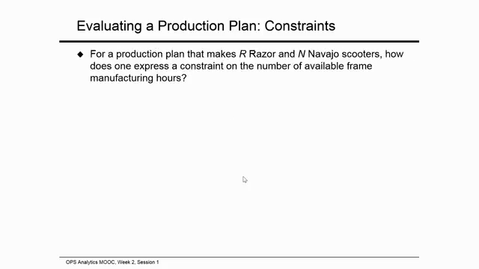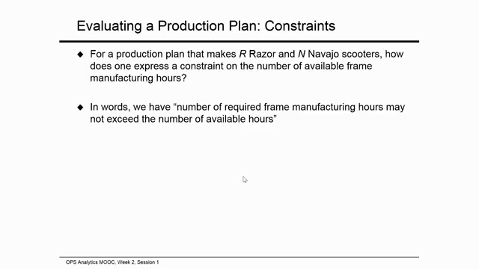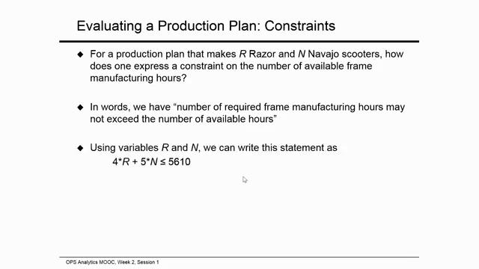So if we want to write a constraint on the number of frame manufacturing hours as a formula that contains decision variables R and N, how do we do it? Well, in words, we want to say that the number of required frame manufacturing hours may not exceed the number of available hours. And as a formula, we can write 4 times R plus 5 times N should be less than or equal to 5,610.